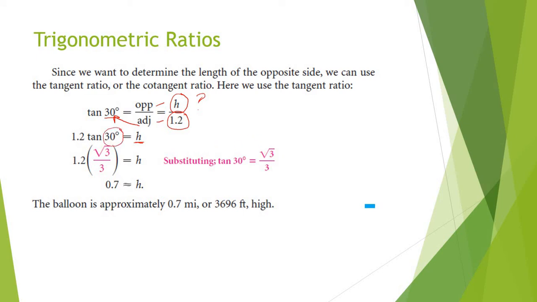Actually you can do it by just pressing your calculator. You can type in your calculator 1.2 times tangent of 30 degrees.